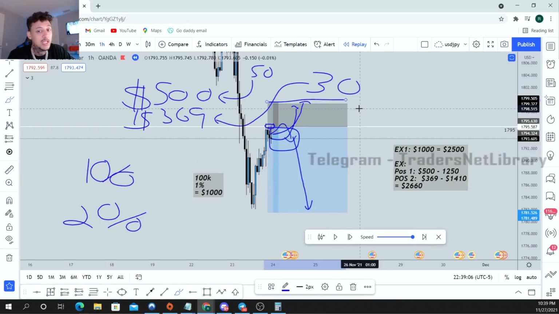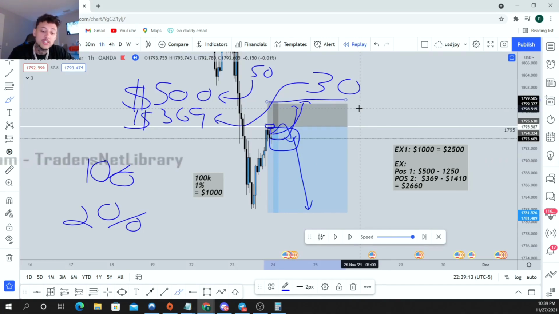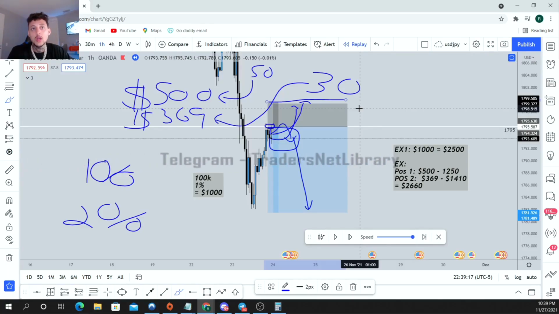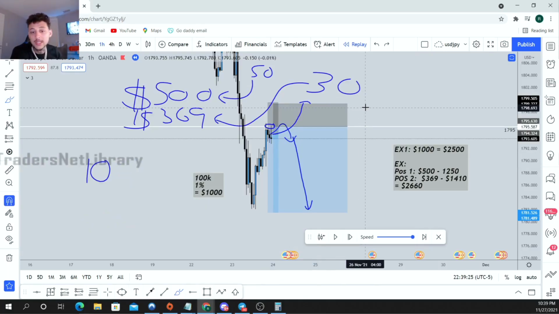And keep in mind, sometimes you won't be able to enter a second, third, or fourth position, because maybe on your first entry you were already right, and entering a second position wouldn't make much sense if price is already in your favor and you're almost at a 1-to-1 risk to reward ratio.